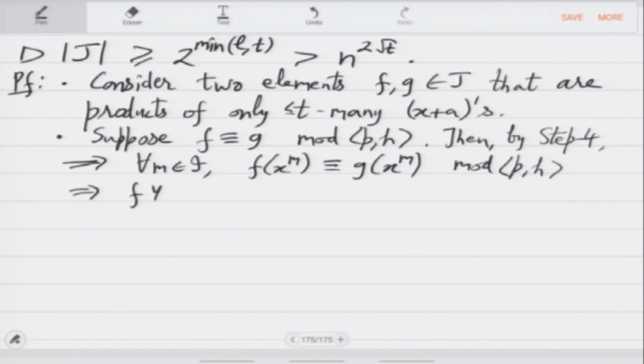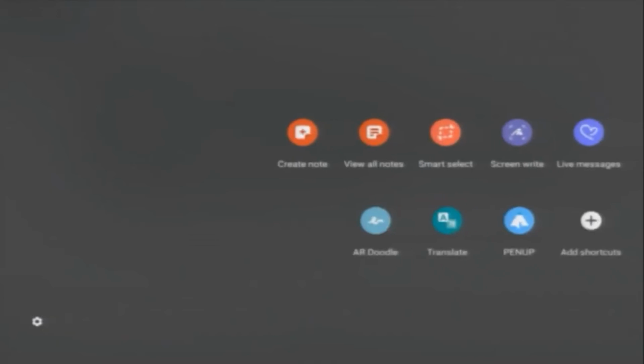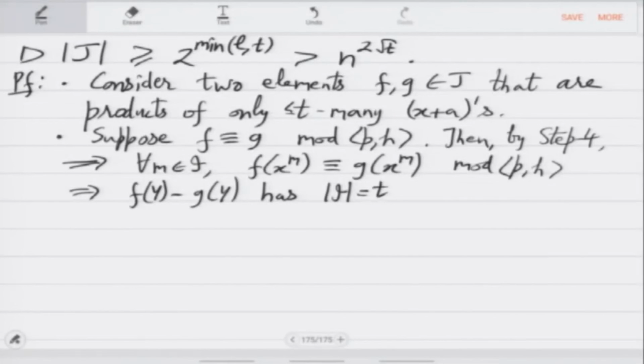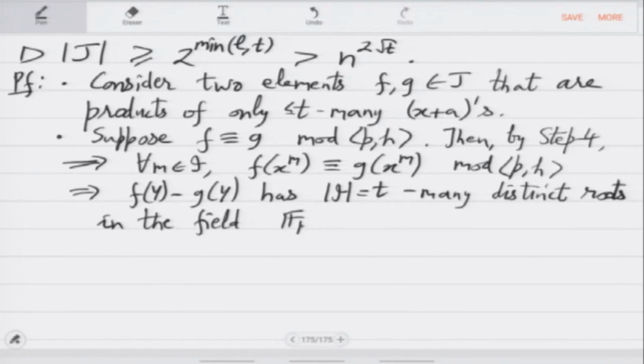So, this means that f(y) minus g(y), a formal polynomial, has size of I, that is T many distinct roots in the finite field F_p[x] mod h(x). These many distinct roots are there for this polynomial f(y) minus g(y). Well, but what is the degree of f(y) minus g(y)?